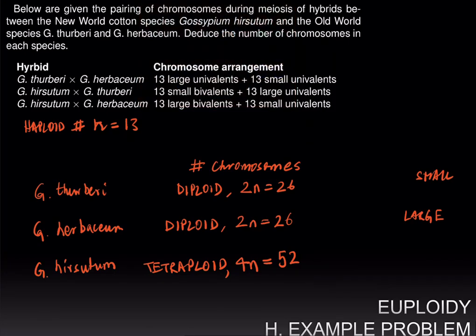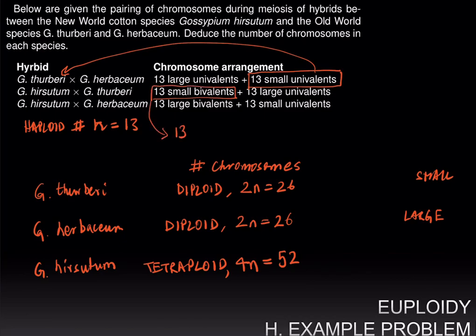Now, since Thurberry has small chromosomes, 13 of these bivalent chromosomes are from Thurberry, which means the other 13 are from Hirsutum.